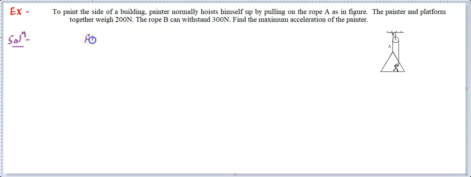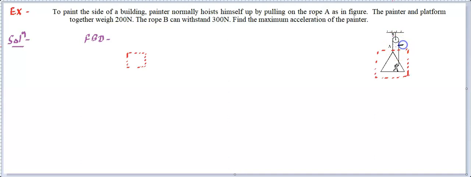So let's draw the free body diagram of the system that I have indicated. If you consider these as the boundaries of the system, anything inside this boundary behaves like a part of the system. Any force coming from outside has to be applied.